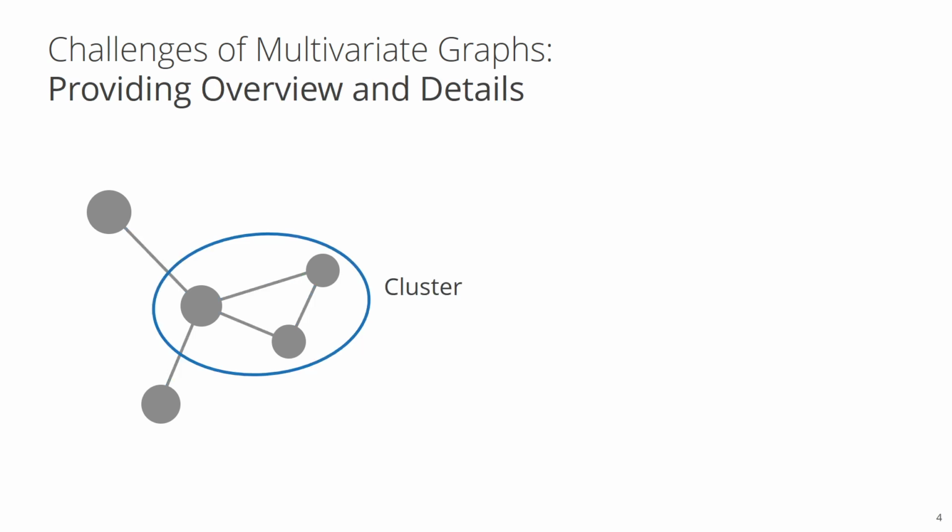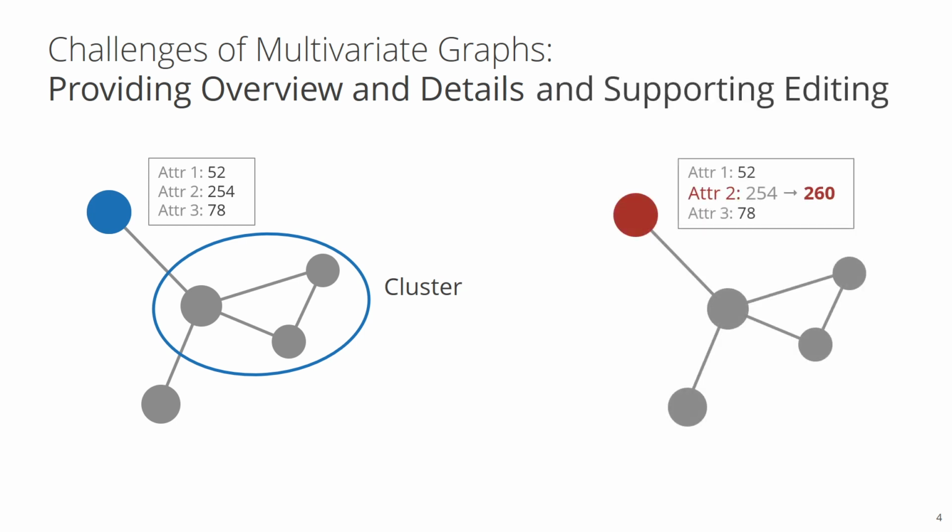Importantly, the visualization should be able to provide an overview on the network, for example, allowing to see clusters or outliers. But also it needs to reveal the details for specific regions of interest. Finally, support for editing the graph is often desired as well, but rarely possible within the same tool.